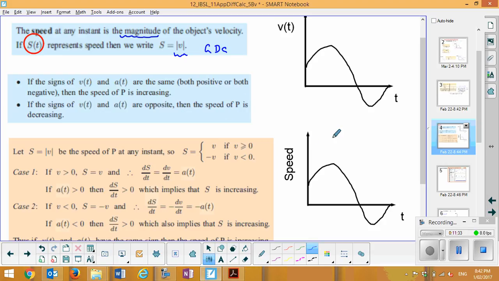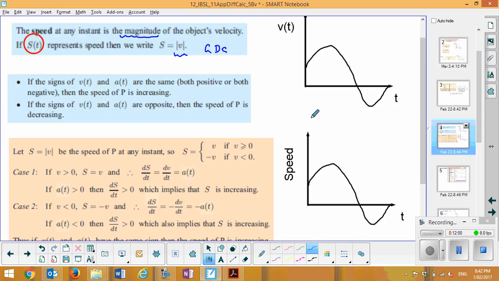So let's have a look at this. Here's your velocity function. I've just made up one that dips above and below, so we get a positive velocity. So all this time, the particle is moving to the right. It's moving in the right direction. Here, it hits a 0 velocity, so it's stopping, and now it's moving to the left because it's got a negative velocity.